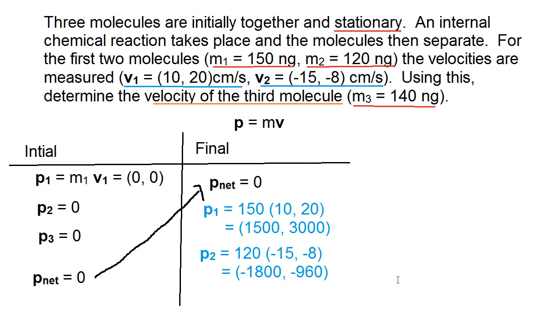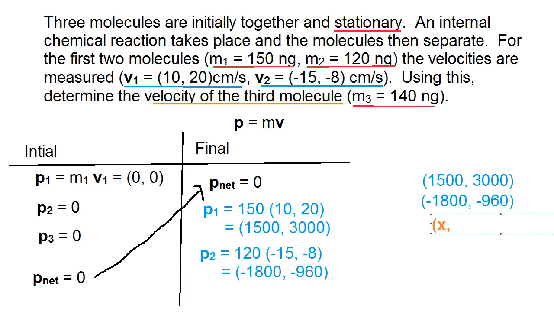negative 960. I can use this to find momentum 3, because at the end of the day, momentum 1 plus momentum 2 plus momentum 3 needs to equal the net momentum. So what I can do here is make myself a little algebraic setup. Momentum number 1 plus momentum number 2 plus momentum number 3, which we're going to put in orange here.